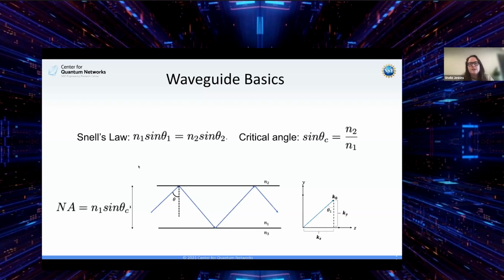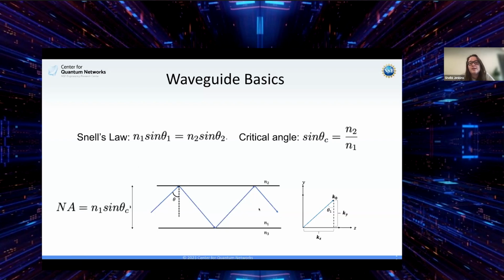Snell's law defines how light will be refracted or reflected through different materials. There's this thing called the critical angle that says if you come in at a certain angle, this angle depends on the difference between N1 and N2 or N1 and N3, depending on which interface you're looking at.